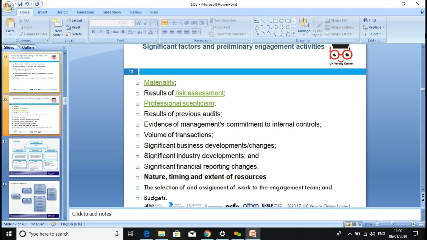What sampling techniques will you use as auditors? Our whole audit does not mean checking each and every transaction, because it's a very costly process and takes a while. So as auditors we pick things, develop our understanding, and give our views to the user that this company is a going concern, that the company will carry on doing business. Also significant industry developments, financial reporting, and timing. So all this we need to focus on. Any questions there?